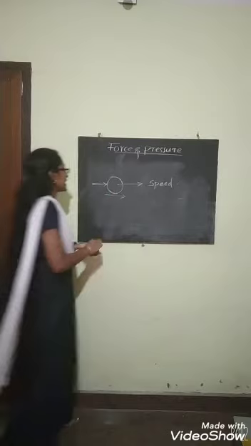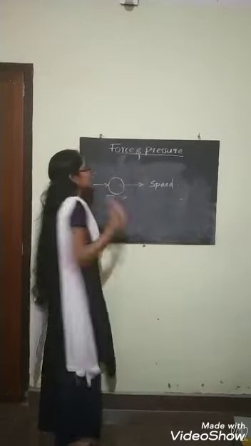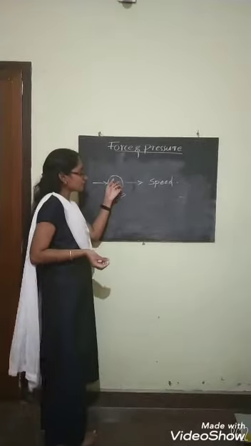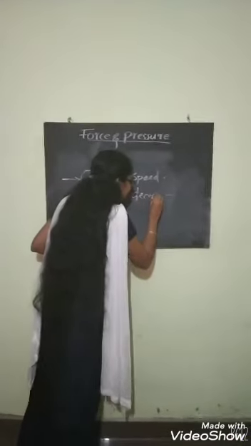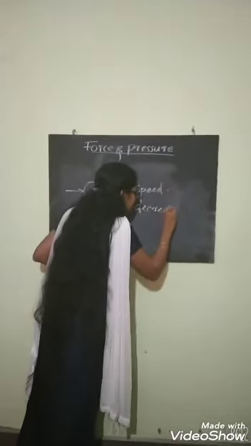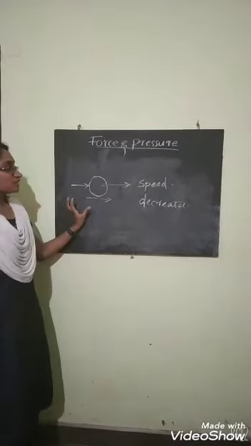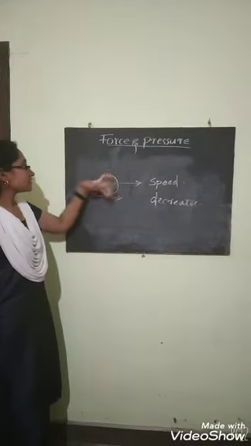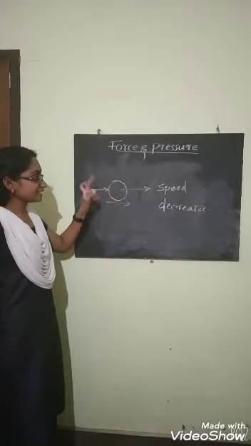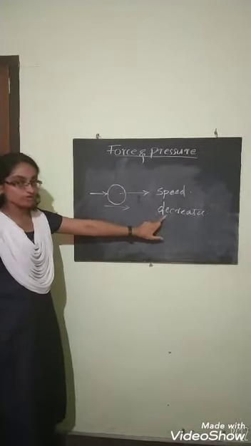And in another way, I just put my hand in front of this fast moving ball, and what happens? The speed of this ball gets decreased in a certain time. So we can conclude that when we give force to an object, it can increase the speed of the object or decrease the speed of the object.